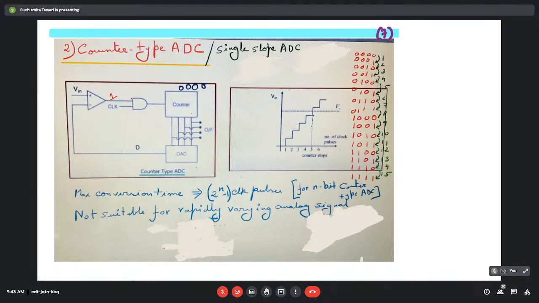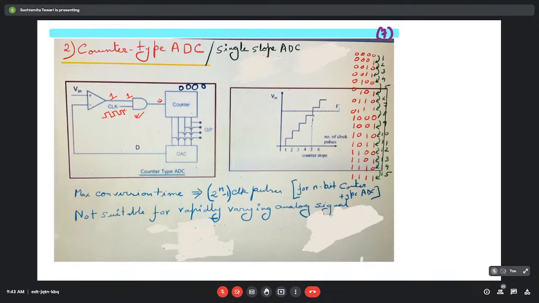Now this is one of the input terminals of this AND gate. That means when it is 1, whatever the signal at the other terminal is, it will go to the counter. And this other input of the AND gate is getting the clock signal, that is the train of pulses.